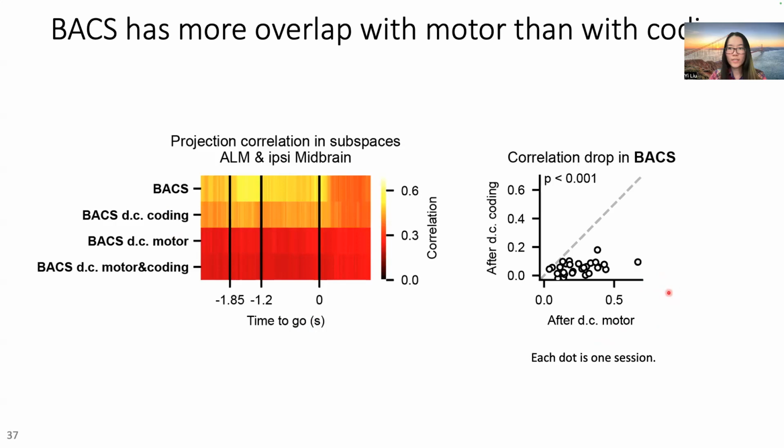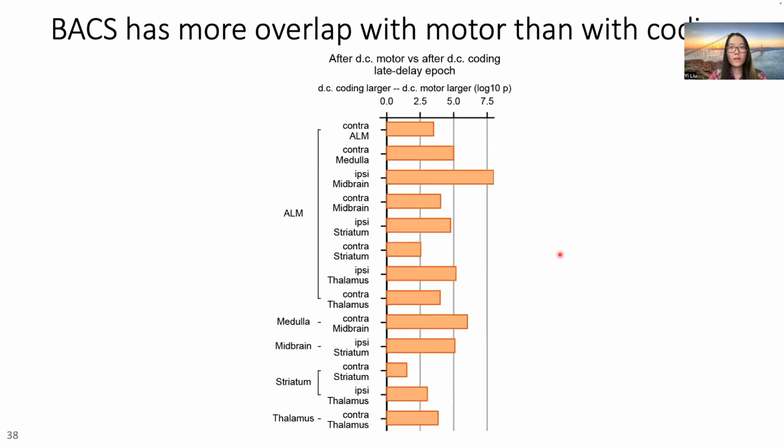Here, each dot is one session, and the X and Y axis are the correlation drop in BACS after we remove motor or after we remove coding. So across all the area pairs in this data set, we see the same conclusion.